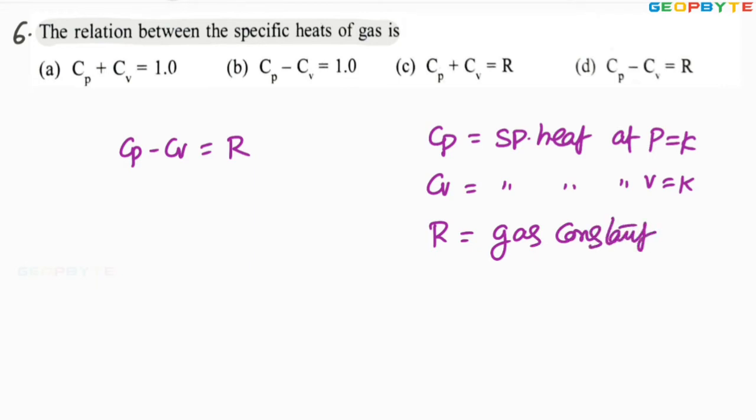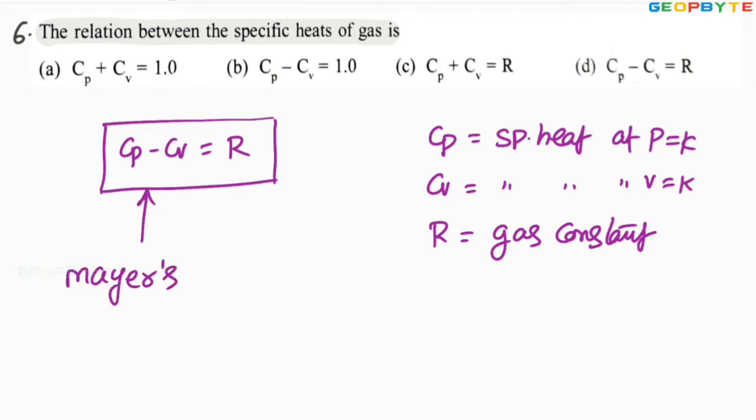Cp minus Cv equal to R was experimentally determined by Mayer. Therefore, this relation is called Mayer's equation. Anyhow, the relation between the specific heats is Cp minus Cv equal to R. Look at option D. Option D is absolutely correct. I hope you got my point.